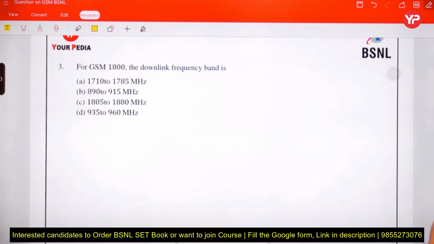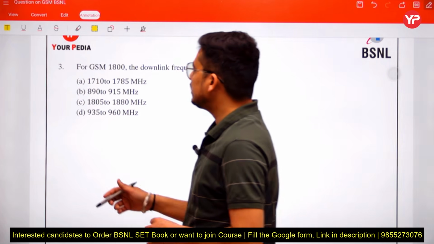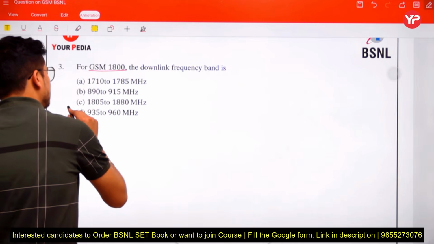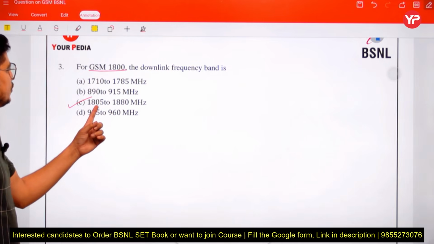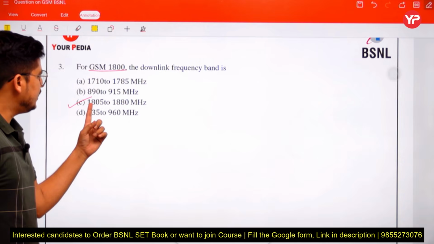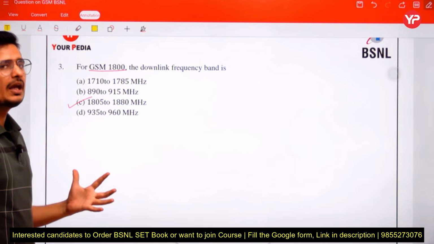Now, if we are talking about the GSM 1800 band, what will be the frequency of your downlink? If I am going for downlink frequency in the GSM 1800 band, that will be 1805 to 1880 megahertz.